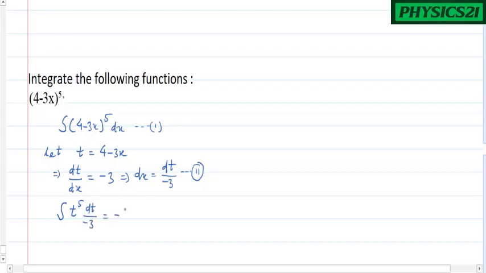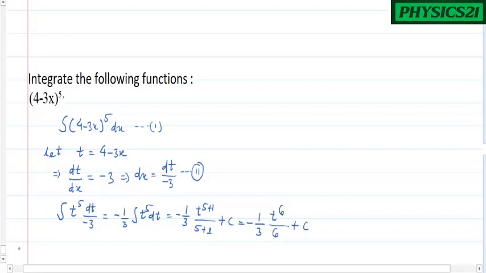Next step, minus 1 by 3 will be outside the integration, and within the integration there will be only t raised to the 5 dt. Now we can integrate it very easily. So it is minus 1 by 3 times t raised to the 5 plus 1 divided by 5 plus 1 plus c. Further solve it, so we get minus 1 by 3 times t raised to the 6 divided by 6 plus c.